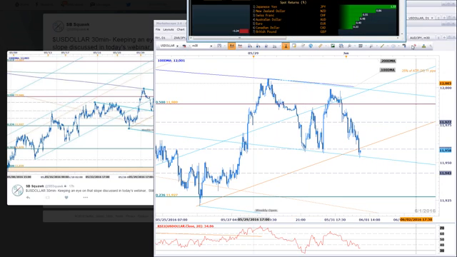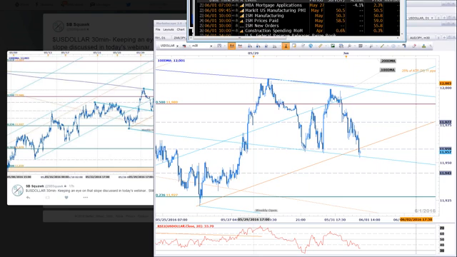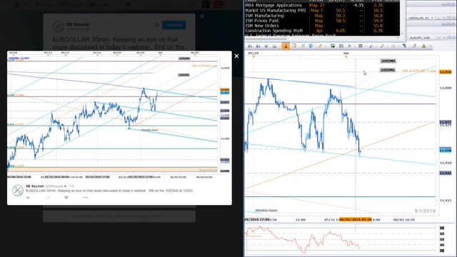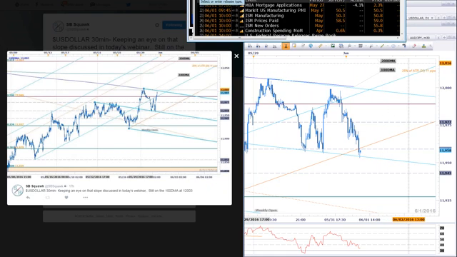A quick look before I close out the terminal here at the upcoming U.S. data. Here's what the ISM manufacturing data looks like at 10 o'clock. Again, you're looking for the headline print to come in at 50.3. So again, still on the expansion side, but certainly slow in the pace of expansion. Prices paid expected to drop to 58.5.